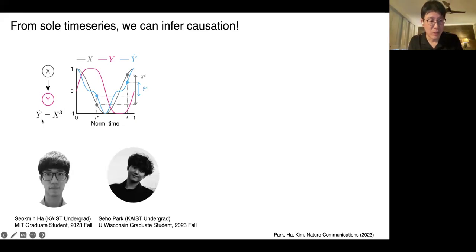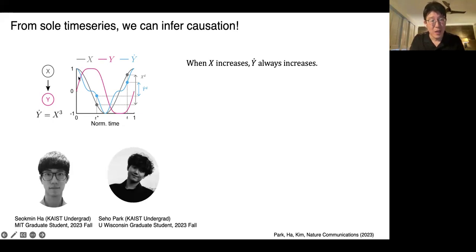That means the derivative of Y equals some monotonic increasing function of X, right? So whenever X increases, Y dot should always increase. That's the essence of the positive relation of X to Y dot.